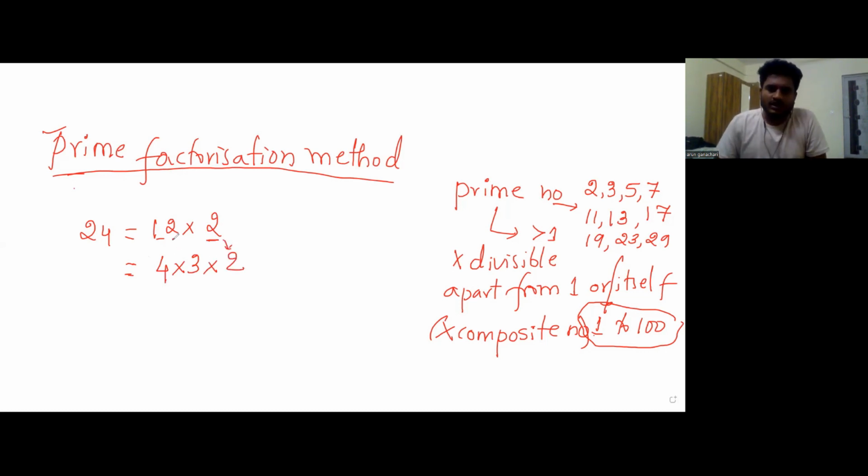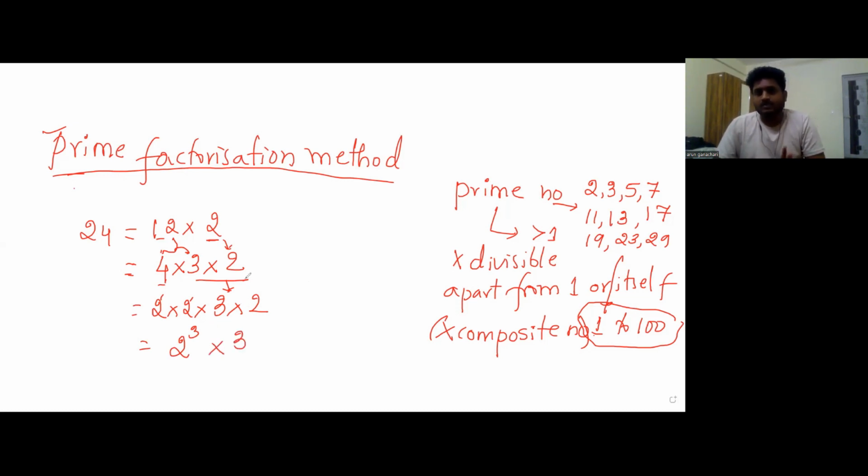We'll break 12 as 4 into 3. But 4 is also not a prime number, so I'll break it further into 2 into 2. So we have 2 into 2 into 3, and 2 we keep as it is: 2 into 2 into 3 into 2. Now, how many 2s are there? 1, 2, 3. So I can write it as 2 raised to 3 into 3.